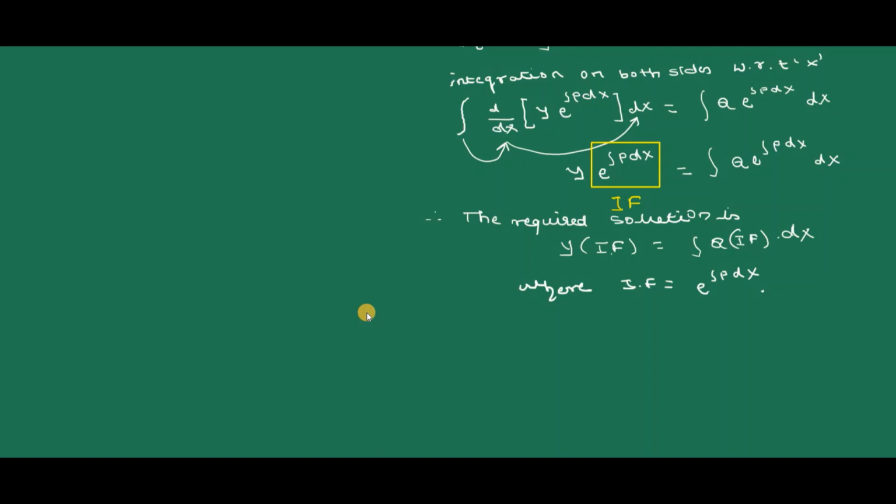So please remember, if a given differential equation is linear, that is of the form dy by dx plus py is equal to q, then its solution is given by y into integrating factor is equal to integration of q into integrating factor into dx, where integrating factor is equal to e raised to integration of p into dx. Now let us take an example.